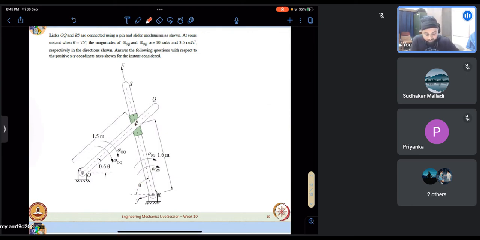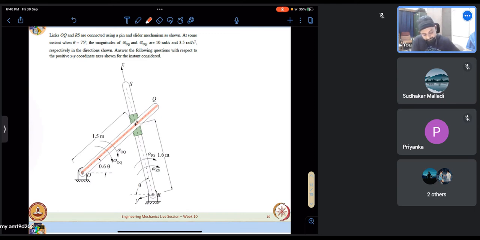The magnitudes of omega for this link, the angular quantity magnitudes are given in the direction shown. So it is given to be clockwise both. Answer the following question with respect to the positive xy. So with respect to that coordinate system, we have to report our answers.